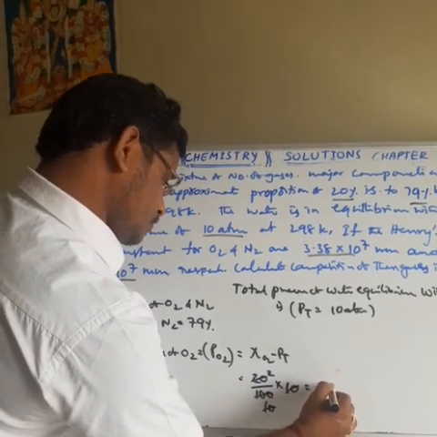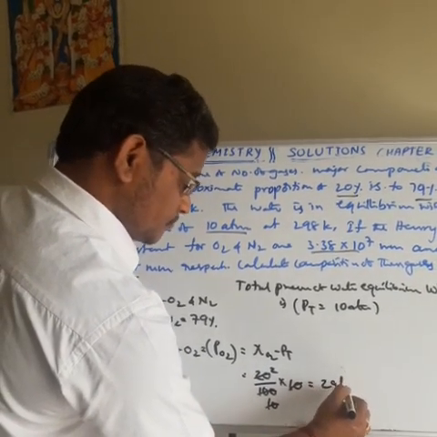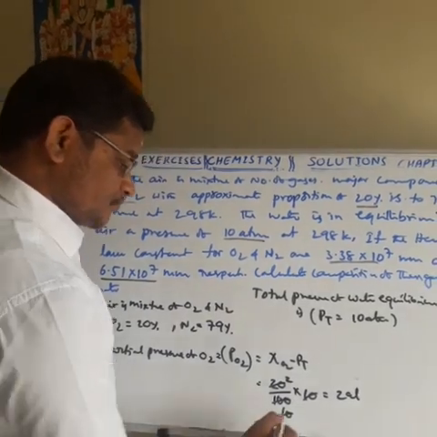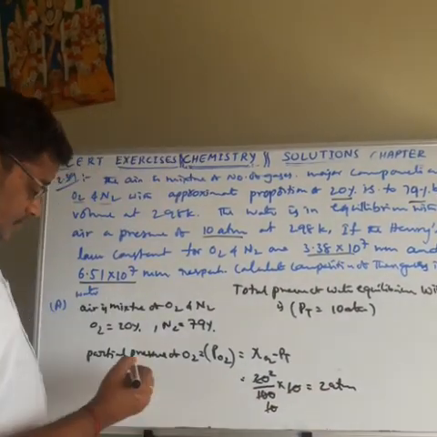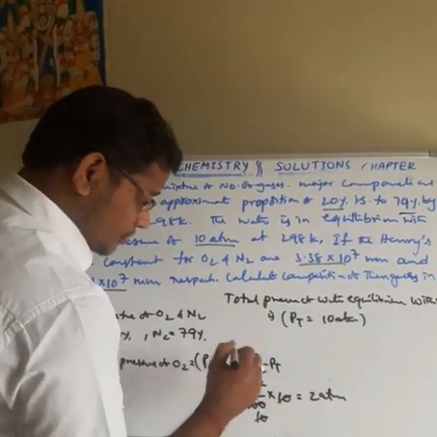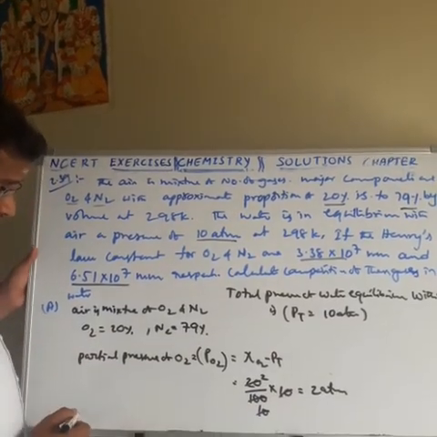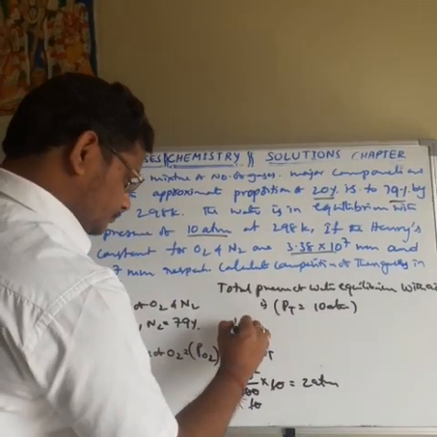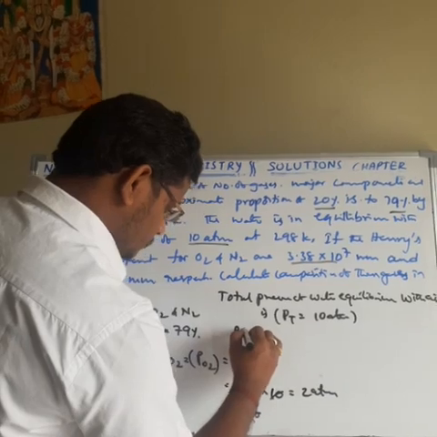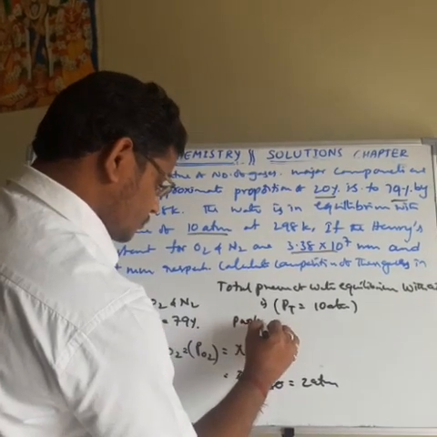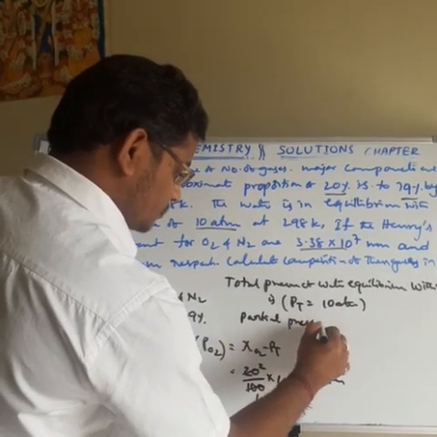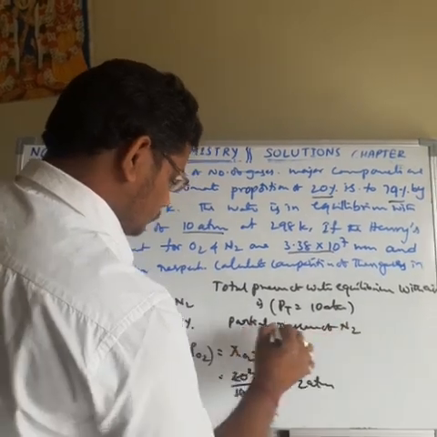Its value is 2 atmosphere. So the partial pressure of O2 is 2 atmosphere. Like that, the partial pressure of N2.